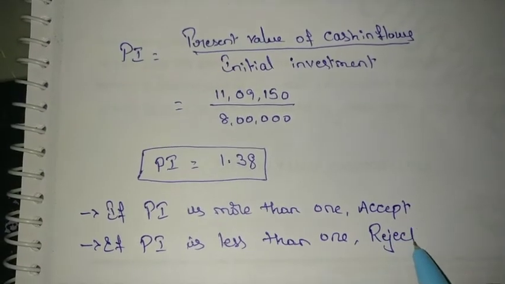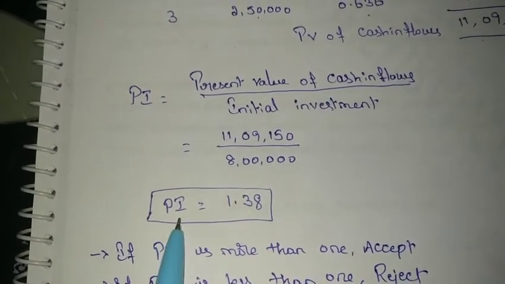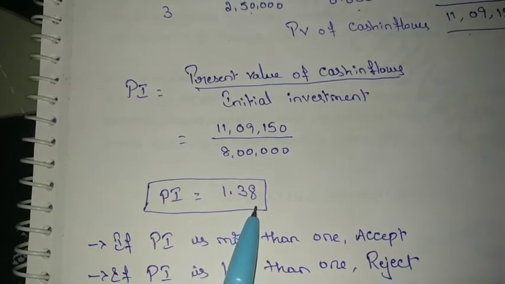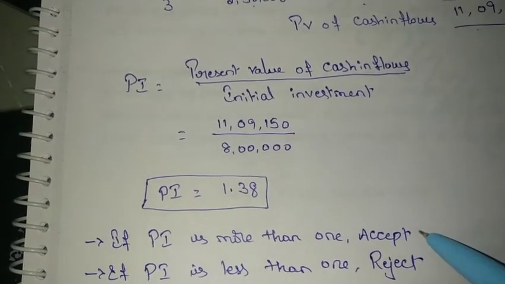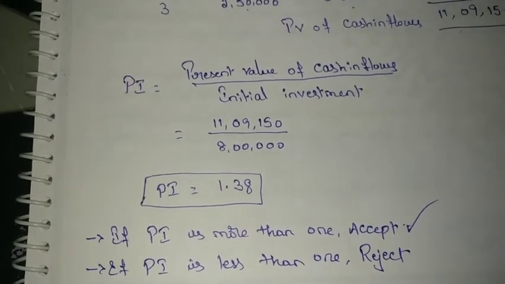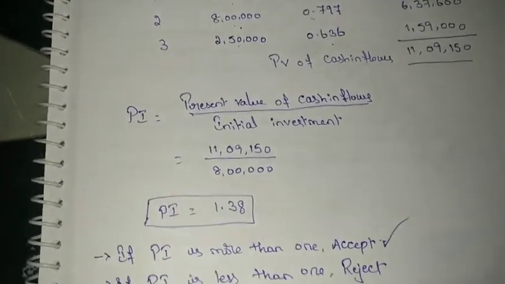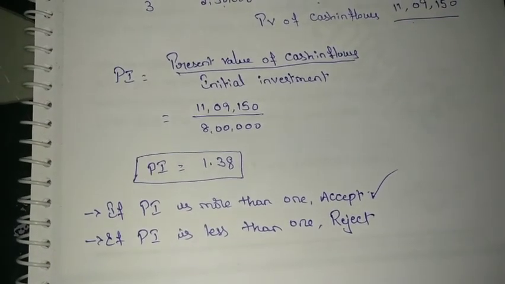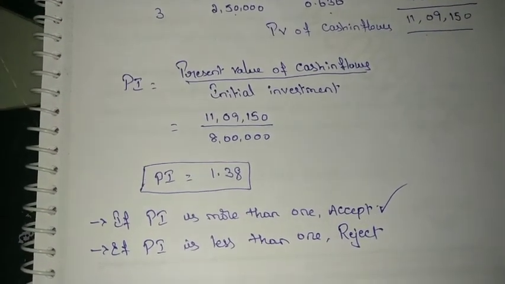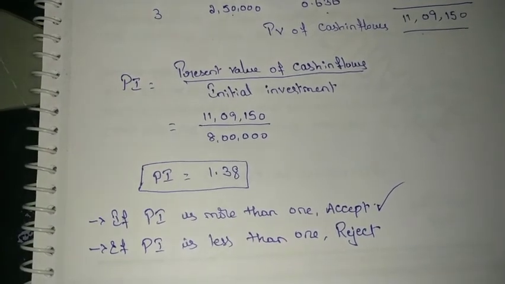In this problem, the calculated profitability index is 1.38, which is more than 1, so we accept the project. This is how we calculate the profitability index. It is almost similar to the calculation of net present value itself. So thank you.